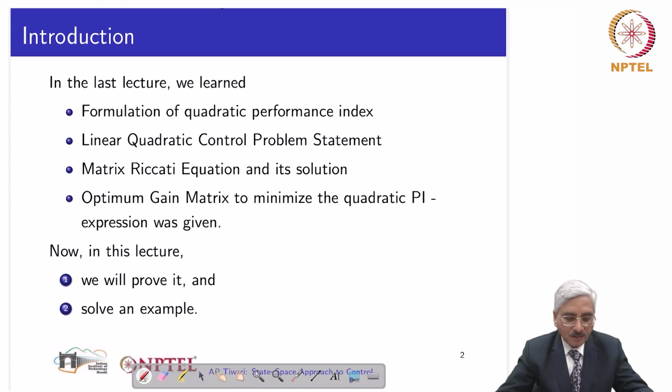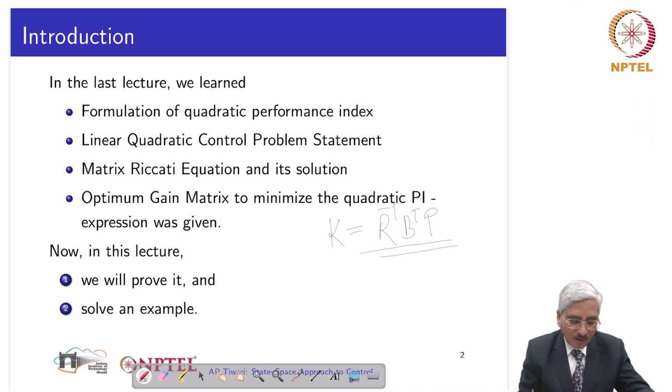And it was just stated that the gain K is R inverse B transpose P, where P is the solution of the Riccati equation. Here we will prove this expression, and we will also solve an example. While summarizing, we will make a few remarks. So let us proceed ahead.